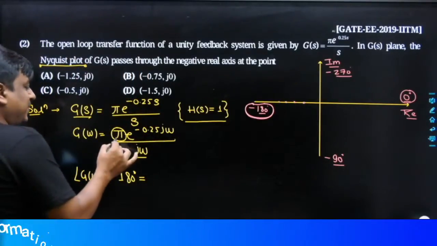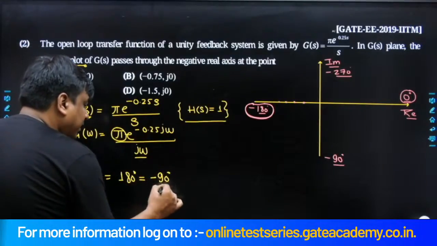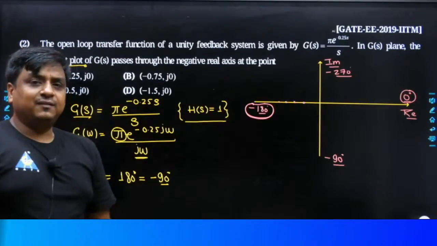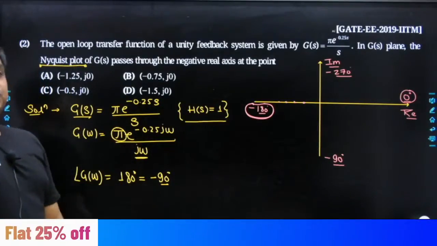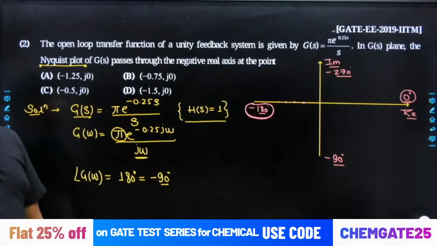So this factor has been nulled out, and similarly the angle provided by this factor is minus 90 degrees. Now focus on the angle provided by this factor. First we can expand e to the power of minus jθ in the form of de Moivre's theorem.